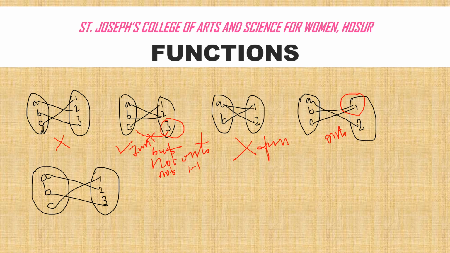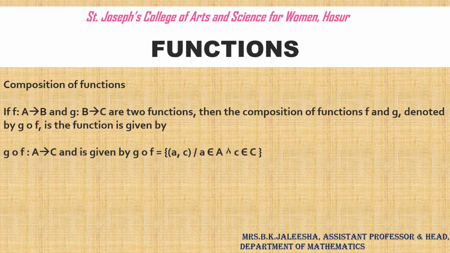That is, from the domain each has an image, and from the codomain each has a pre-image. So this function you can say is one to one. These are the ways we can classify the given mapping as a function and which type of function it is.